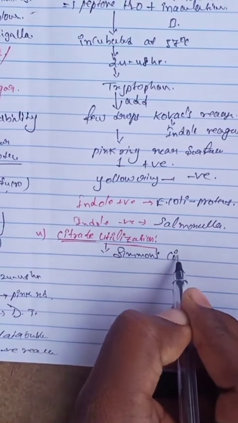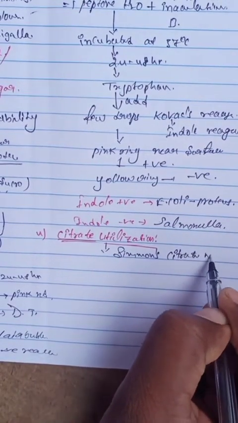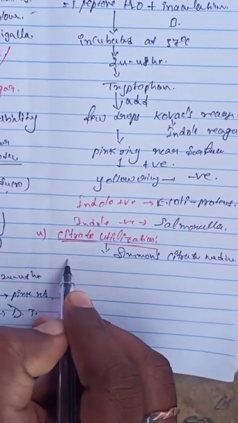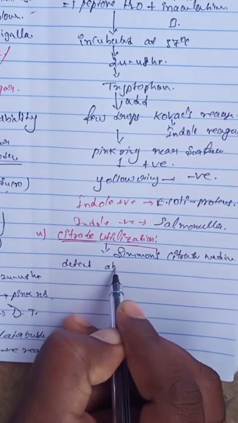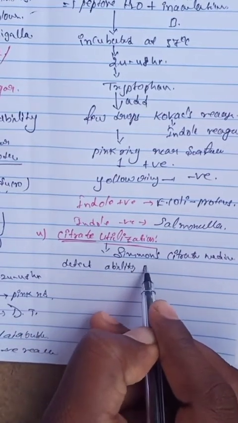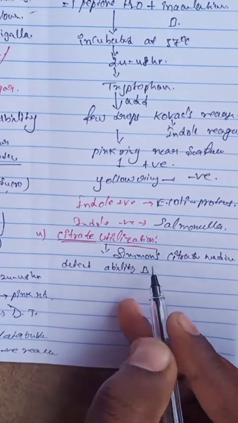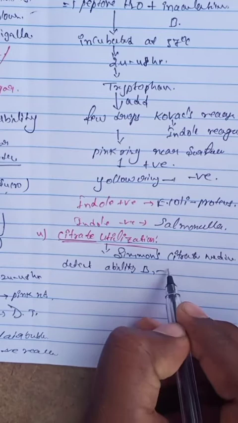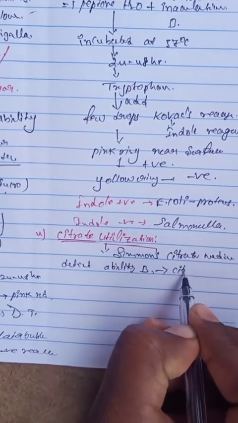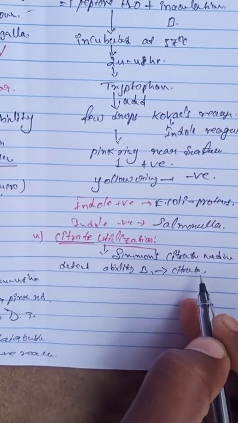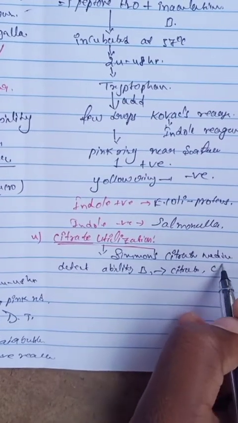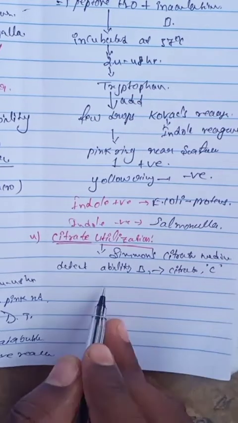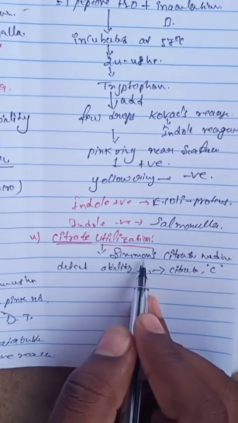The important thing is that it detects the ability of bacteria to utilize citrate. Citrate is the source of carbon, so the test determines the ability of bacteria using the Simmons citrate medium.